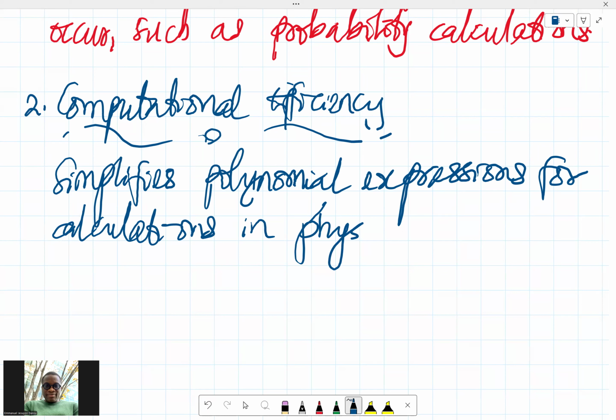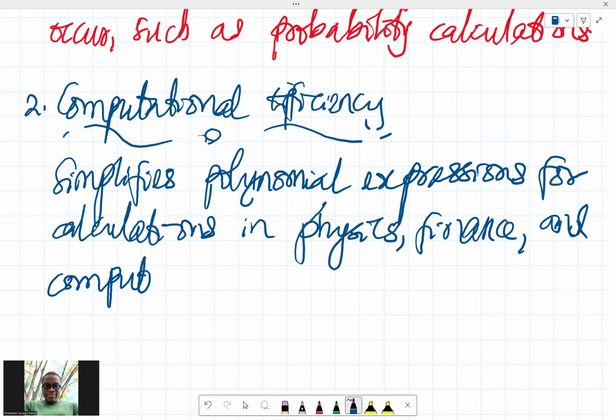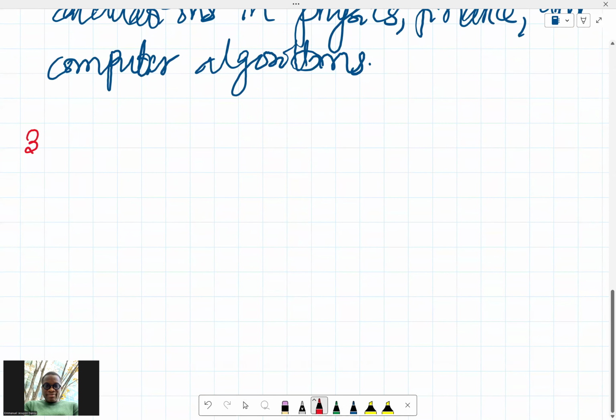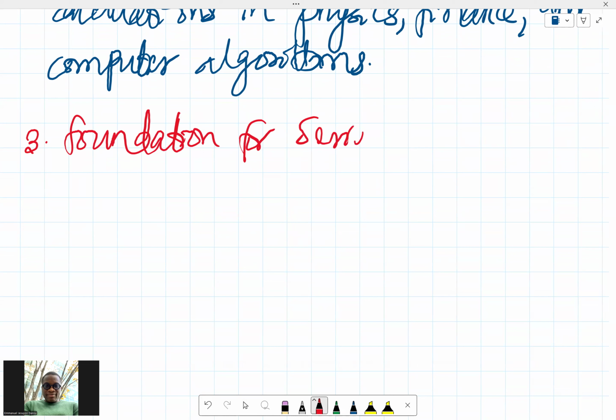In fact, we've seen some of these examples in physics, in finance, and even computer algorithms. It's also the foundation for series analysis.